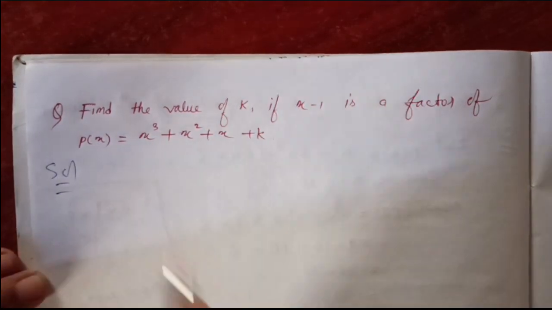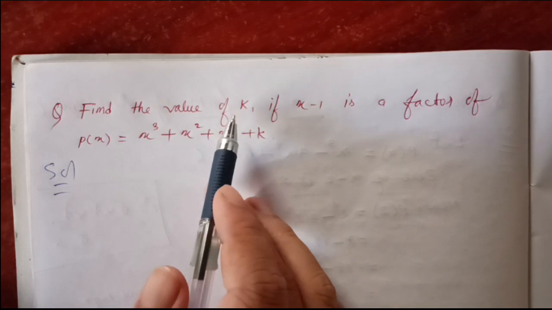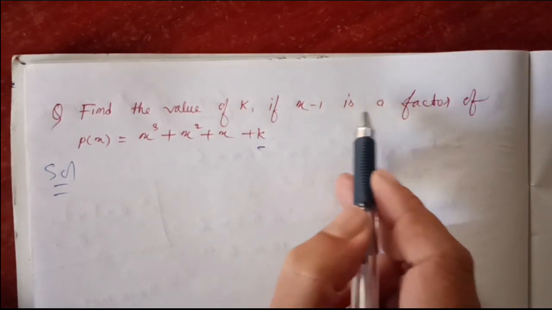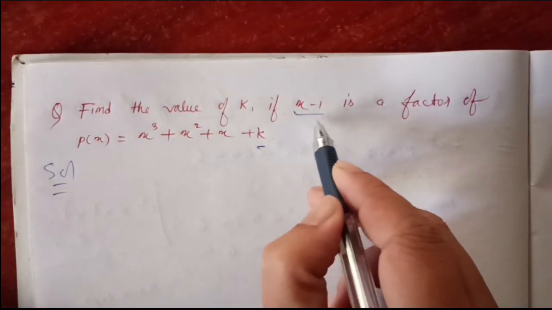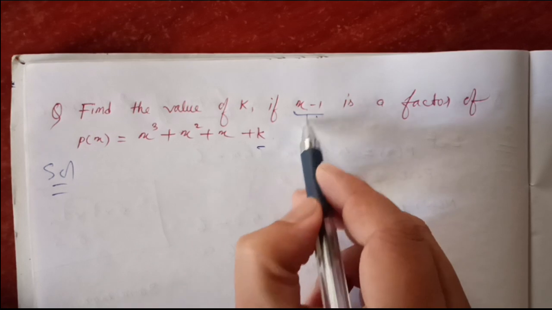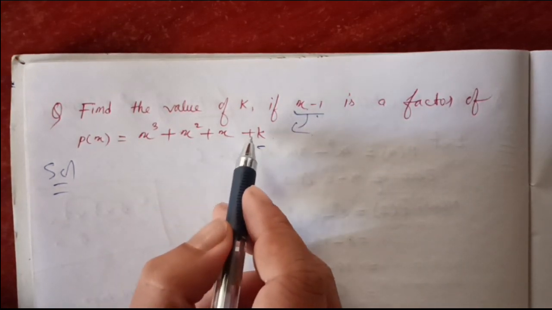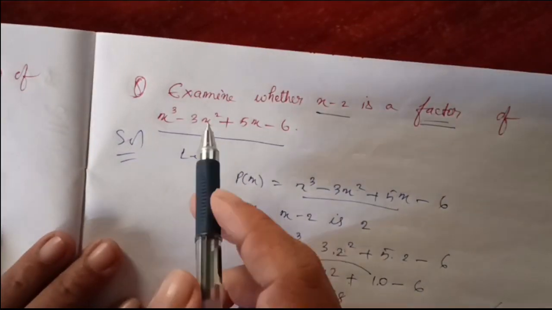Okay, then what about this question? Now find the value of k. Now we are going to find the value of k if x minus 1 is a factor of x cubed plus x squared plus x plus k. So what is the difference between these two?